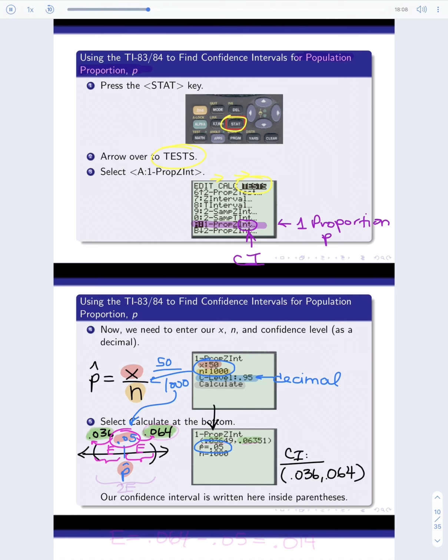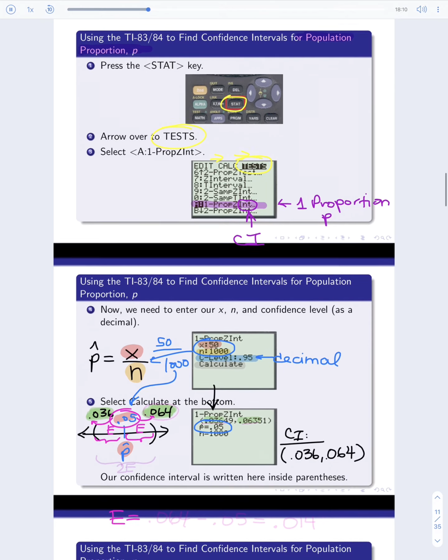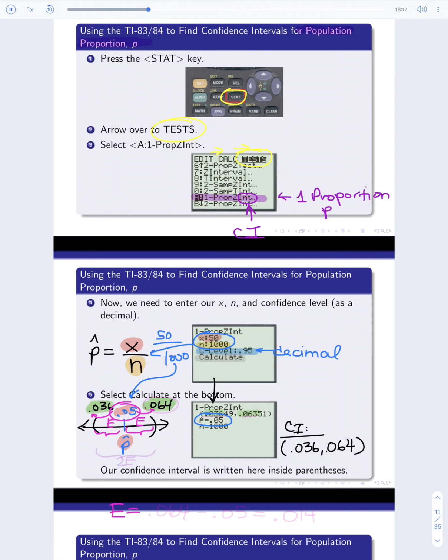So we can figure out what the margin of error is if we want. So if we wanted to find out the margin of error for this one, you could do it one of two ways. You could take the 0.064, the high end, and subtract the middle piece, the 0.05, and what you'll get is 0.014. And you could do the same thing between the 0.05 and the 0.036.